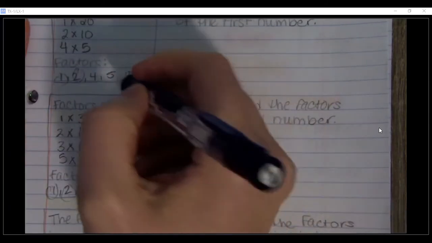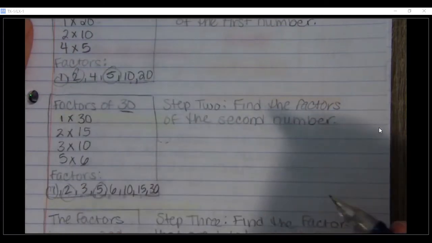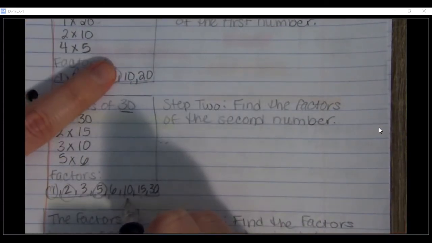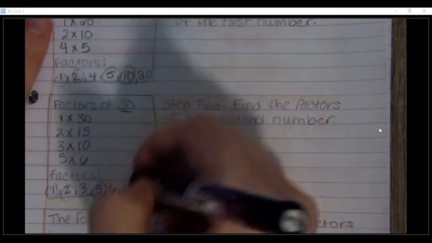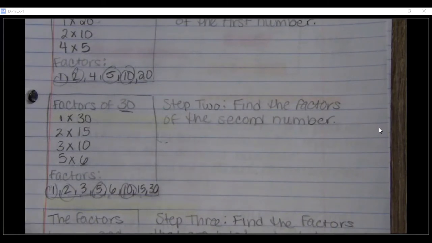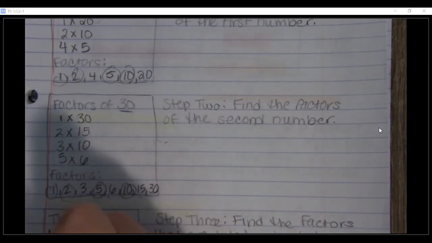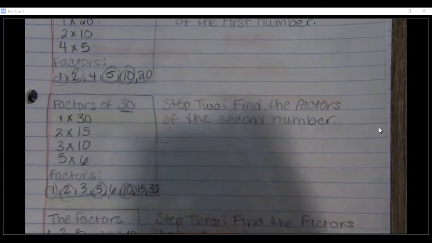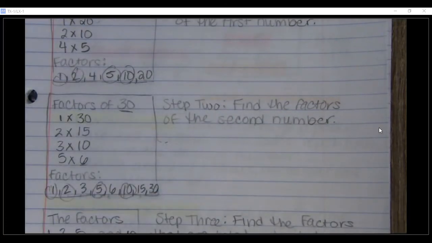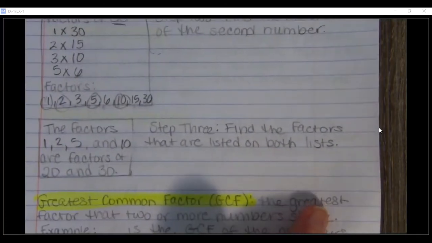But wait, the 5s do. 5 and 5. 6, no. Look at that. We have 2 10s. So my factors that are the same, because the rest of these don't match up, are 1, 2, 5, and 10. Are the factors of 20 and 30. Oh, let me write that down. There we are.